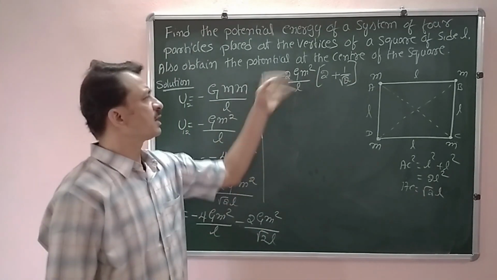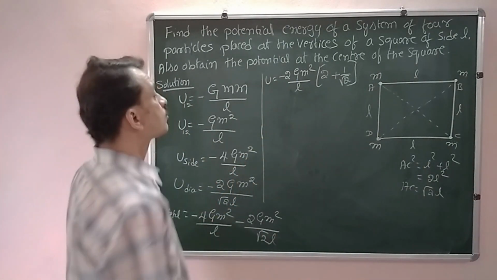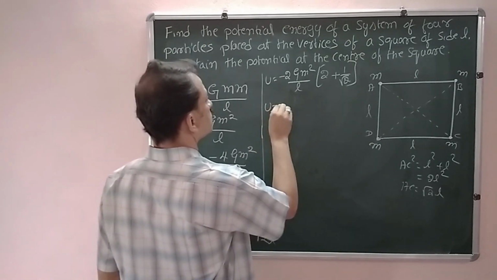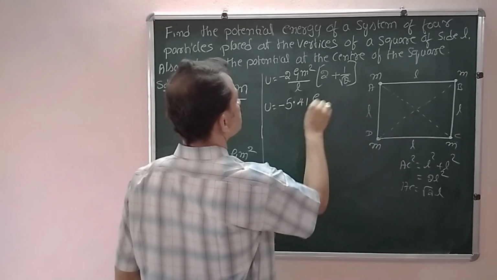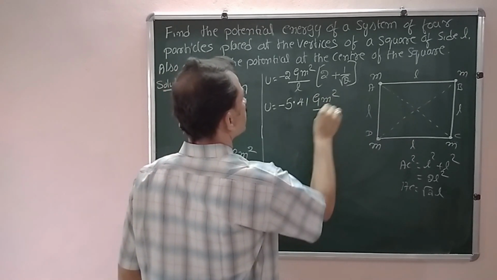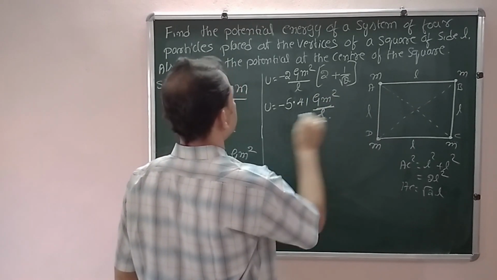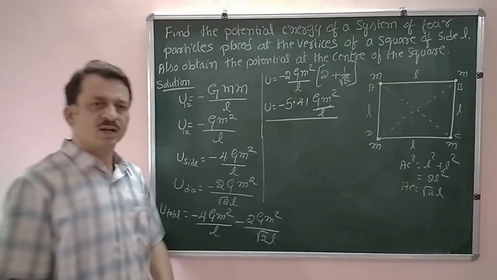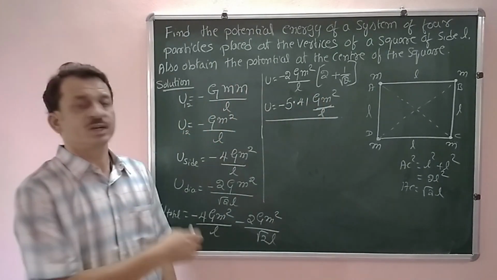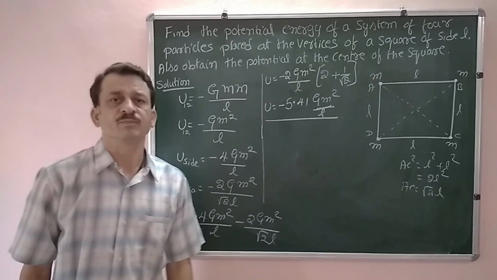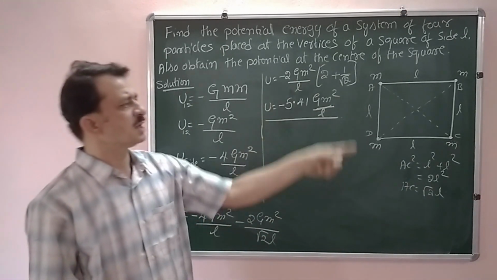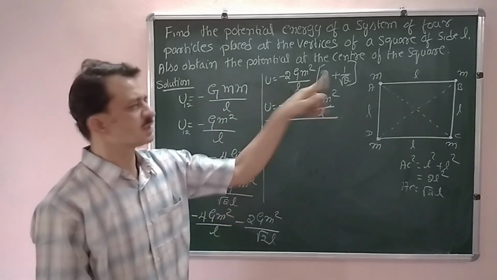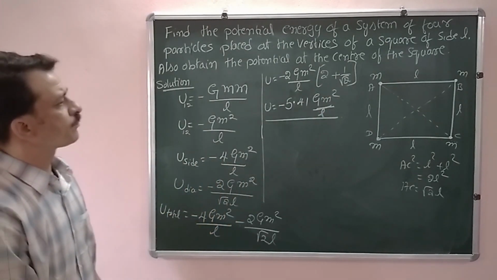Using the calculator, U is equal to minus 5.41 G m square divided by L. This is the gravitational potential energy for this system. So in total we have 6 pairs, 4 pairs along the sides and 2 pairs along the diagonal.